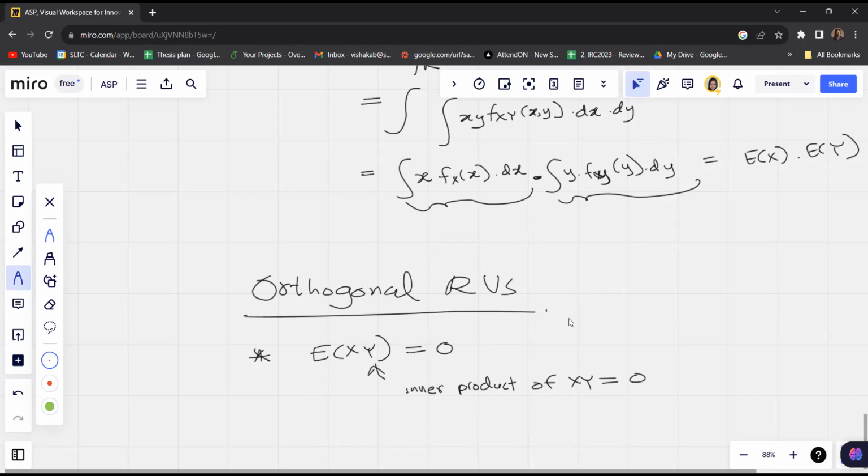So that means that in general, the main meaning of that is that there's no relationship between x and y.